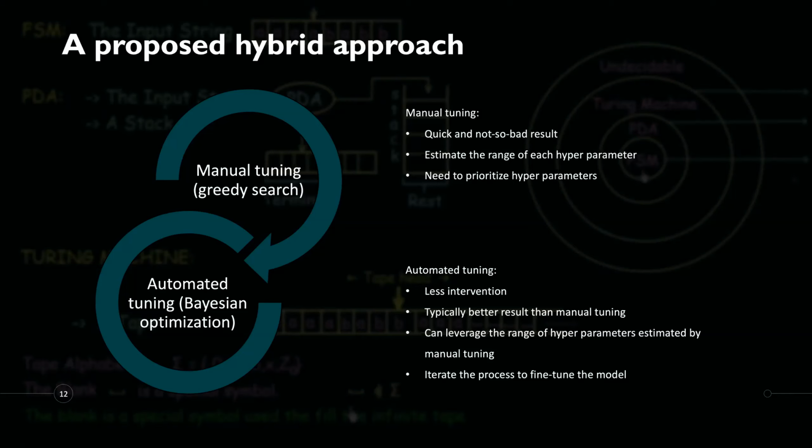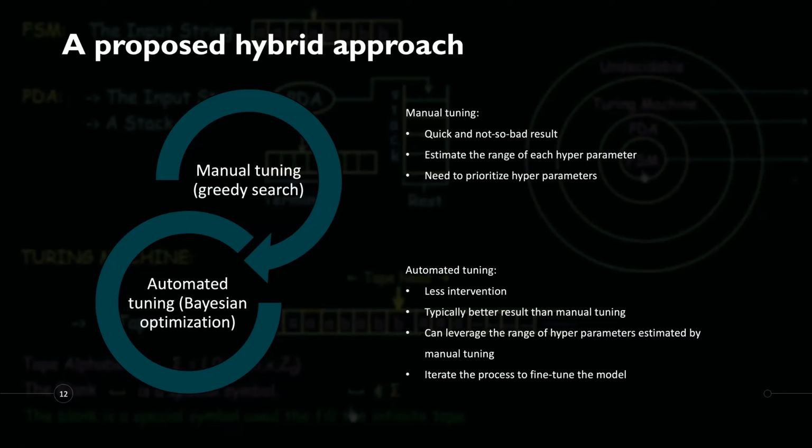That gives me an acceptable result from the hyperparameter point of view. But having done the manual tuning, I would use Bayesian optimization to continue tuning, or in other words, fine-tune the model.